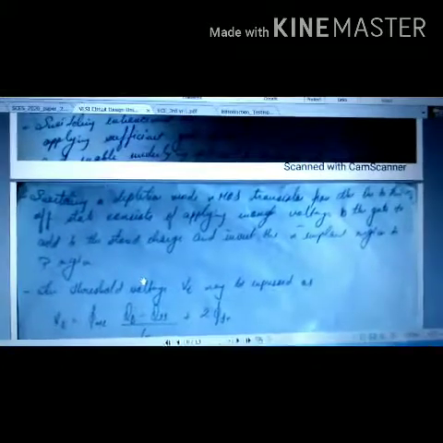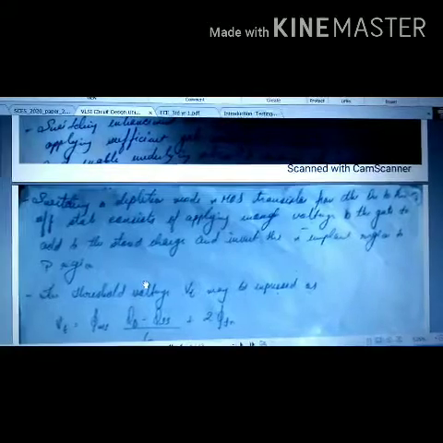So if we want to switch off a depletion mode MOSFET, we have to apply so much charge that all the electrons are depleted, that is, all the electrons are repelled back to the substrate body and holes are attracted to the channel, so that the N region cannot conduct.